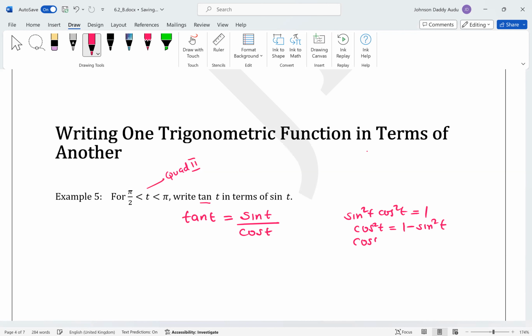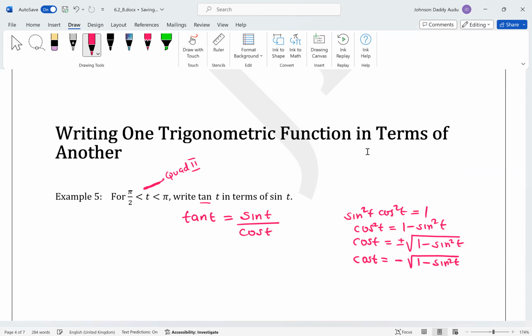So it means that cos t is going to be plus or minus the square root of 1 minus sine squared t, right? So now the question is, do we take the positive or the negative? This is where you have to use the quadrant. So t is in which quadrant? It is in quadrant 2. Since t is in quadrant 2, cosine is negative, so you have to go with the negative square root of 1 minus sine squared t.